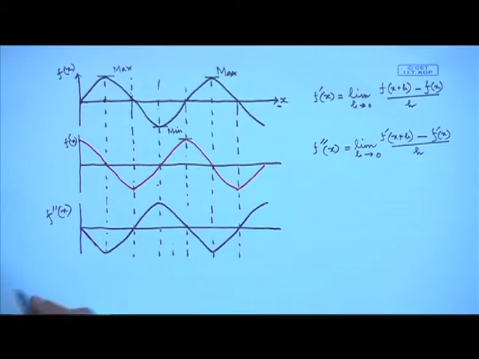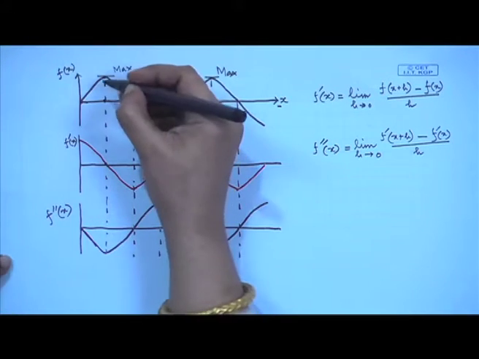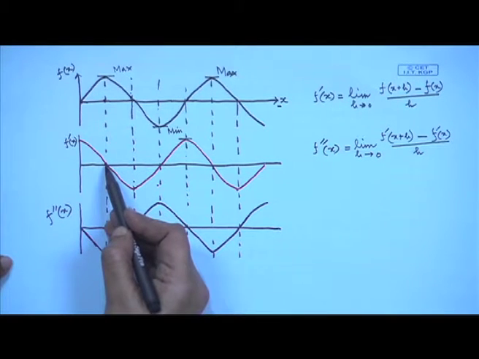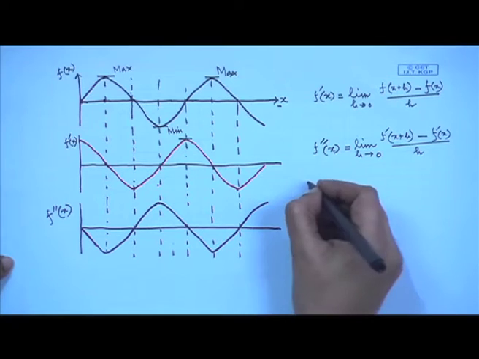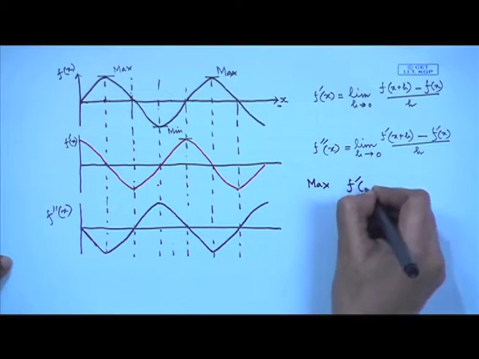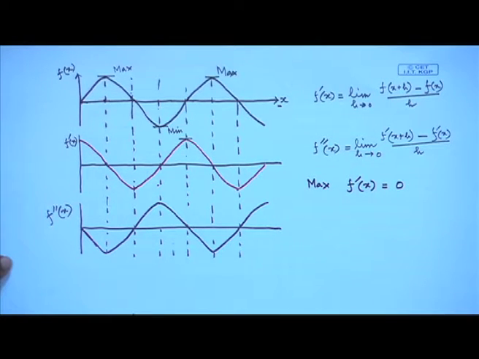Alright. What is the nice thing you are noticing here? At the maximum point, the first order derivative is 0. That is why we can easily say that at the maximum point the first order derivative of f is equal to 0.